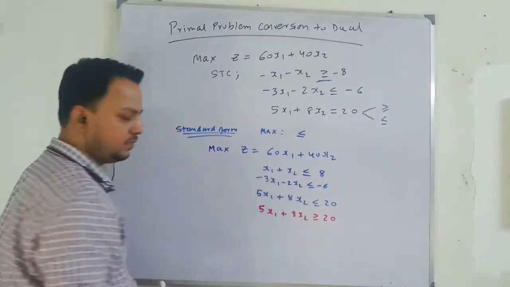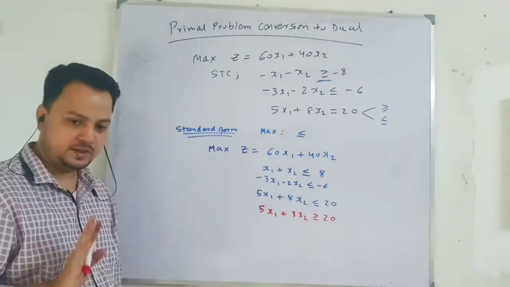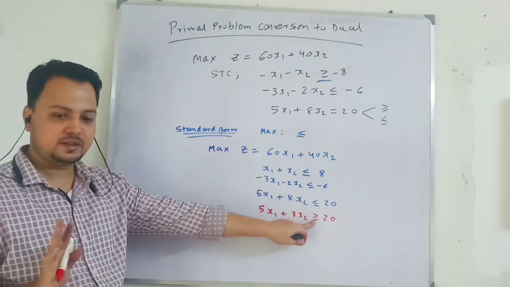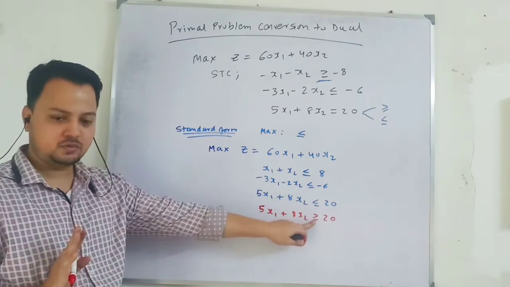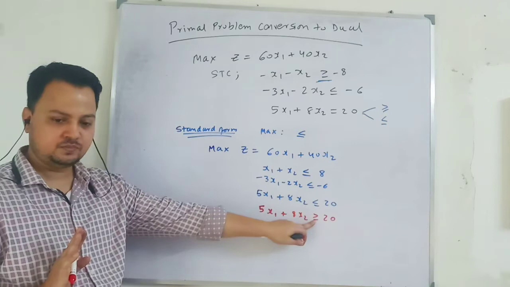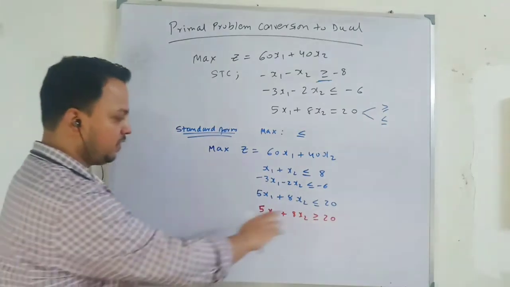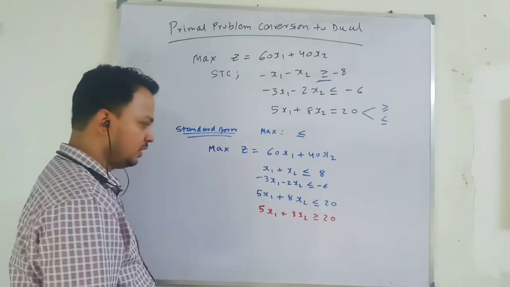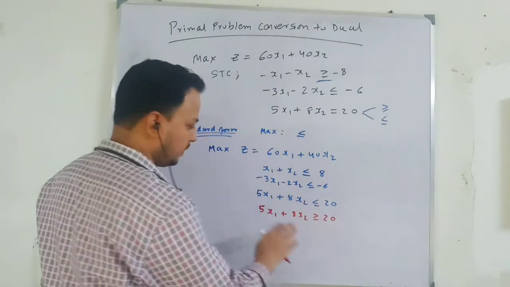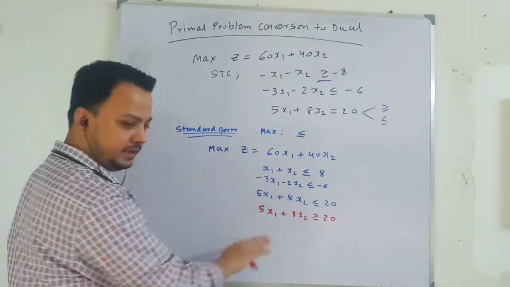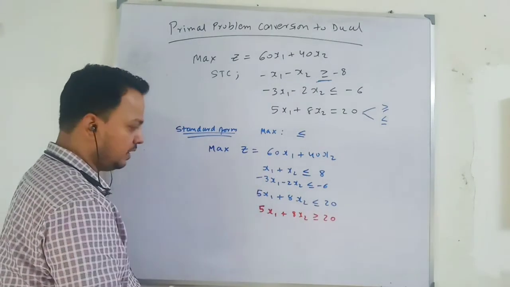Is this in standard form? Not yet, right? Because I have one constant that is having greater than equal to sign. Yes or no? Okay. So make this less than equal to, multiply with -1. Okay. So when you multiply with -1, you have to do in another step, not in this step. You have to write on this thing again. Okay, and then do it. Okay.